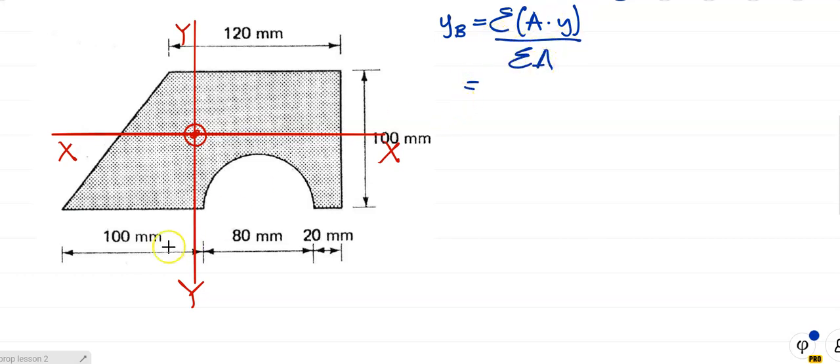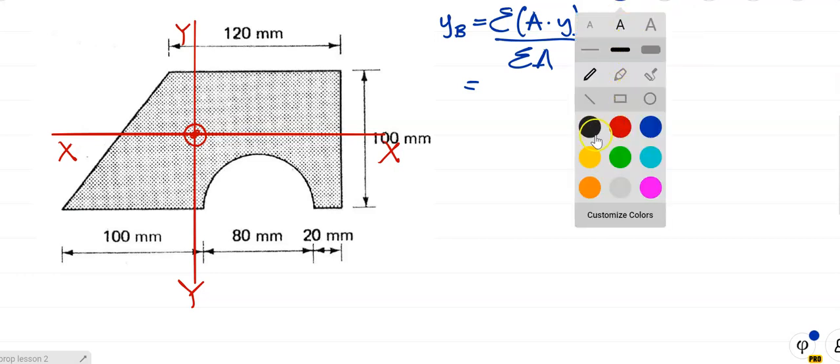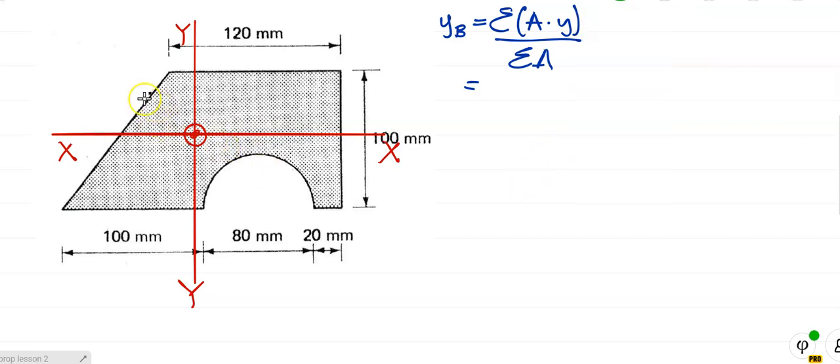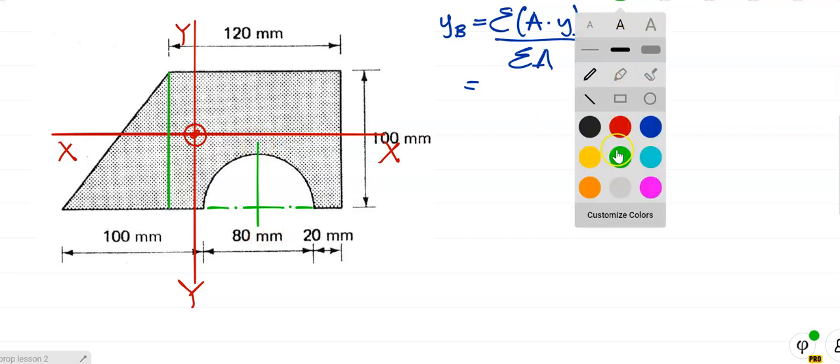I'm going to divide this into sections that I know from the table I gave you. I'm not going to show it anymore because you know what table I'm talking about. So I'm going to divide it into a triangle, a rectangle, and that there is going to be my semicircle, like so.